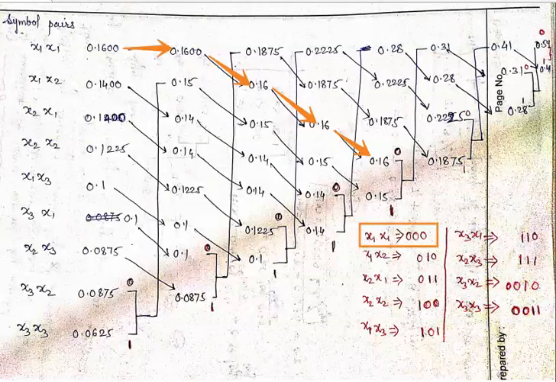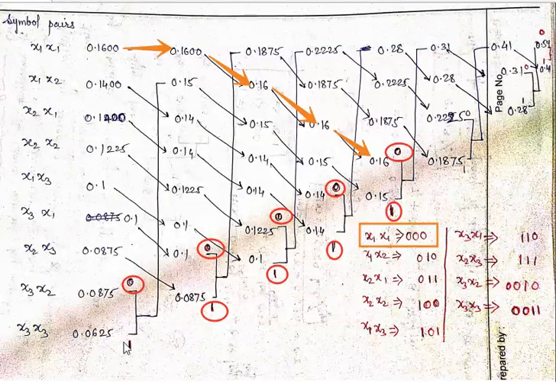Now here you can track out that the 0 is nothing but the code word. This is bit 0 and bit 1, as we specified earlier, that they are the bits to be given for the upper and lower set. So these are the values which we have given.